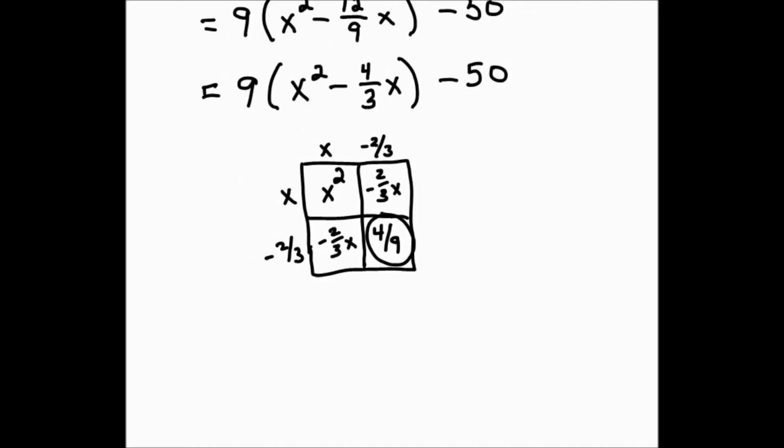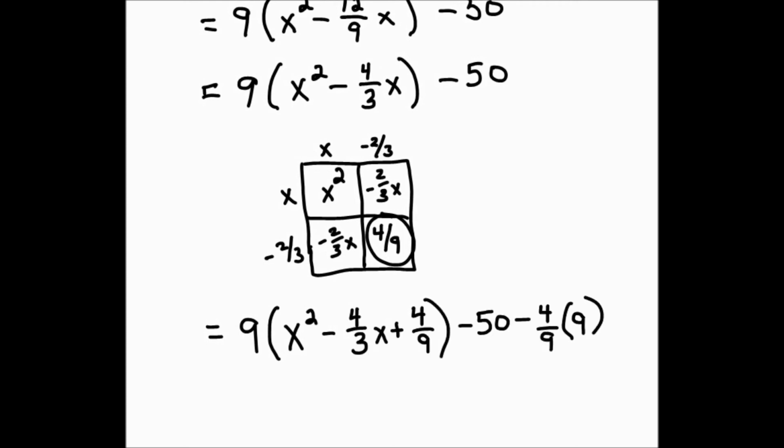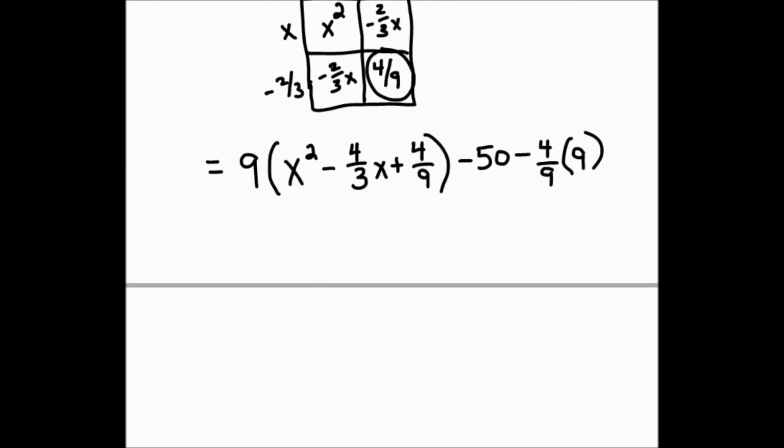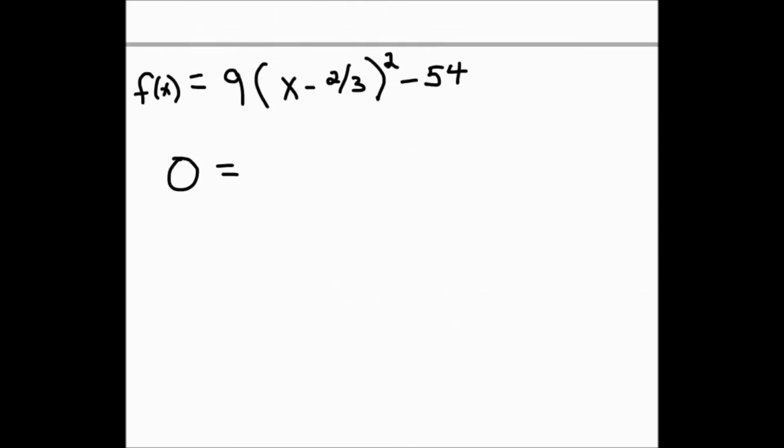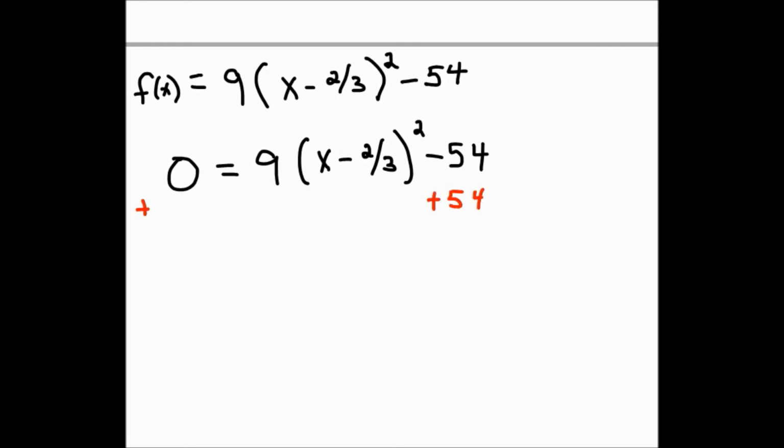So I'm sorry, that's all negative, but I realize I need to add 4/9 to that square to complete the square. So I subtract 4/9 outside and I multiply it by 9, the a value. After I clean up all my work, my final vertex form is 9 times the group x minus 2/3 squared minus 54. And we continue the algebra, add 54 to each side.